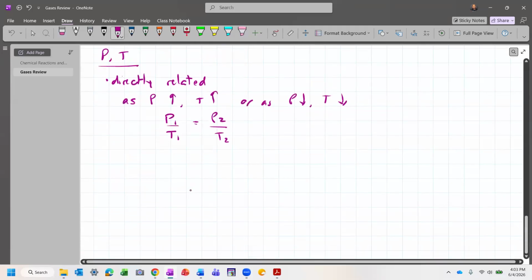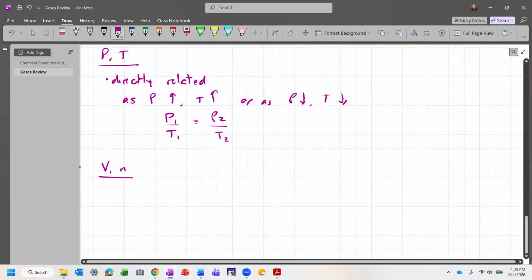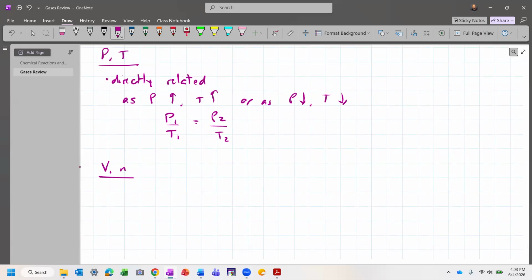We have the volume and amount relationship, V and N. This is also a direct relationship. These are directly proportional to each other, directly related. So as one goes up, the other one will go up as well.